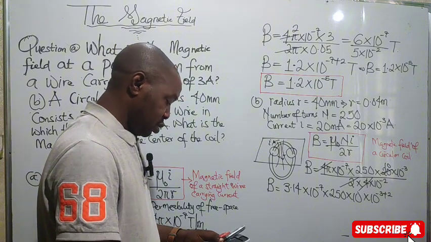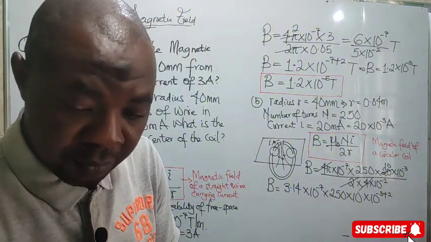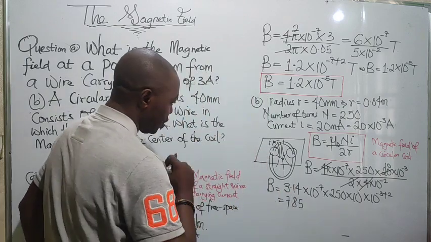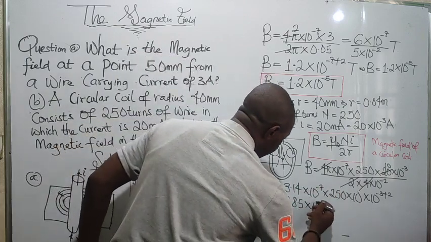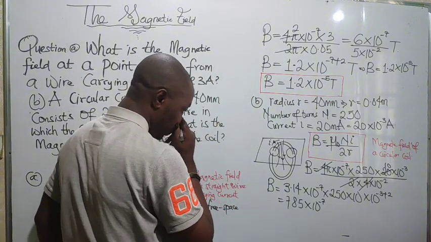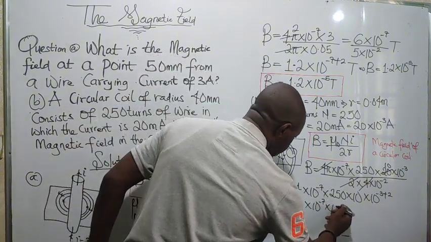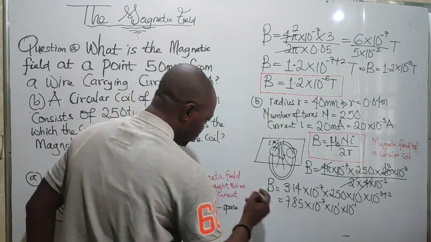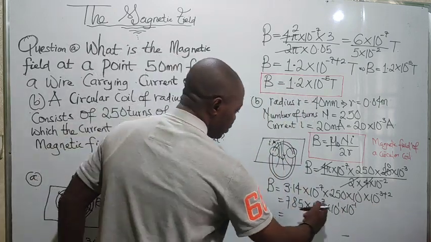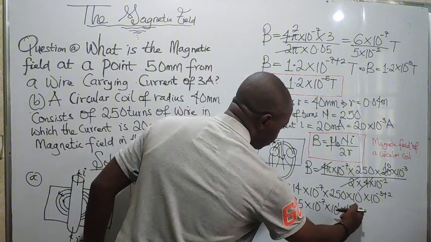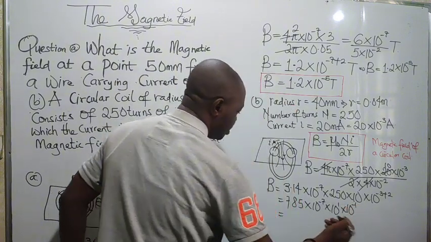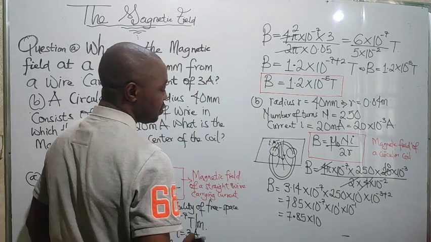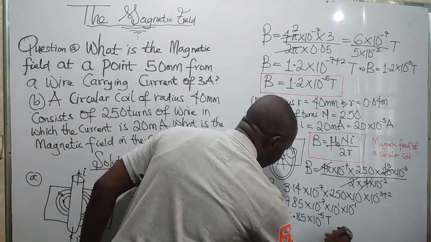That will be 785. So we have 785 multiplied by 10 raised to the power of negative 7, then multiplied by 10 raised to the power of 1 and 10 raised to the power of negative 1. 10 raised to the power of 1 minus 1 will be 0. So we then have 7.85 times 10 raised to the power of negative 5 Tesla.